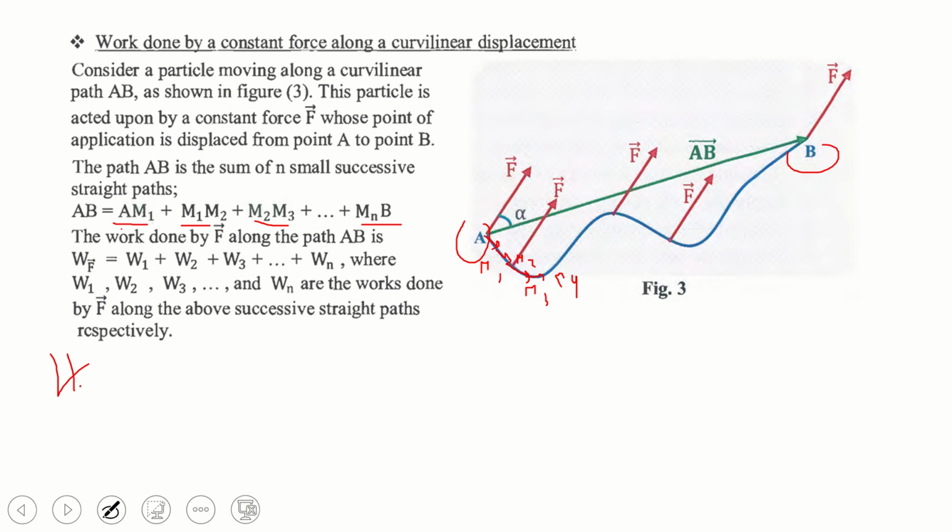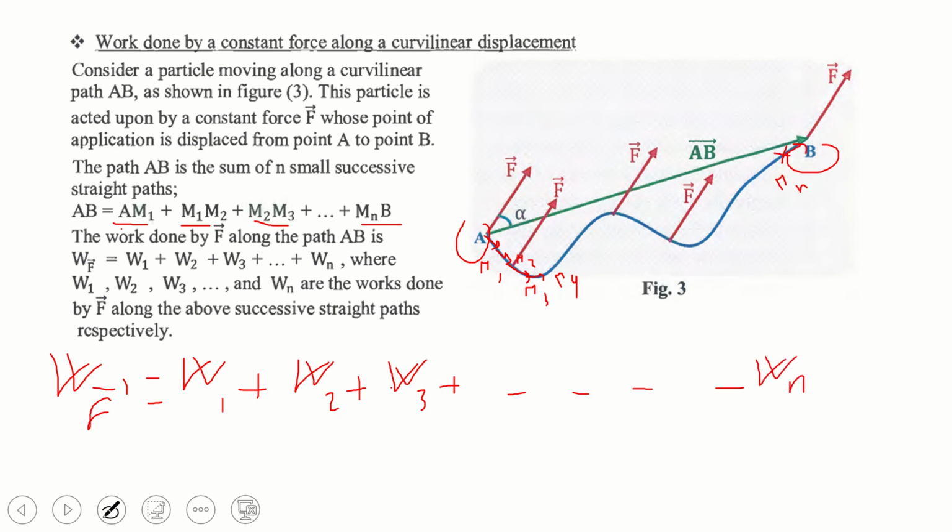So the work done by the force F is the work done by the force F along AM1, W1, plus the work done along M1M2, W2, plus the work done along M2M3, W3, plus the work done along MnB, Wn.